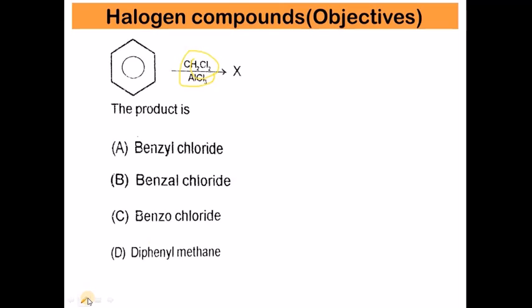We have to take benzene in the presence of aluminum chloride, and methylene chloride should be treated. Okay. So let us find the solution for it. Let us see a benzene ring with internal double bonds for showing the reaction properly.